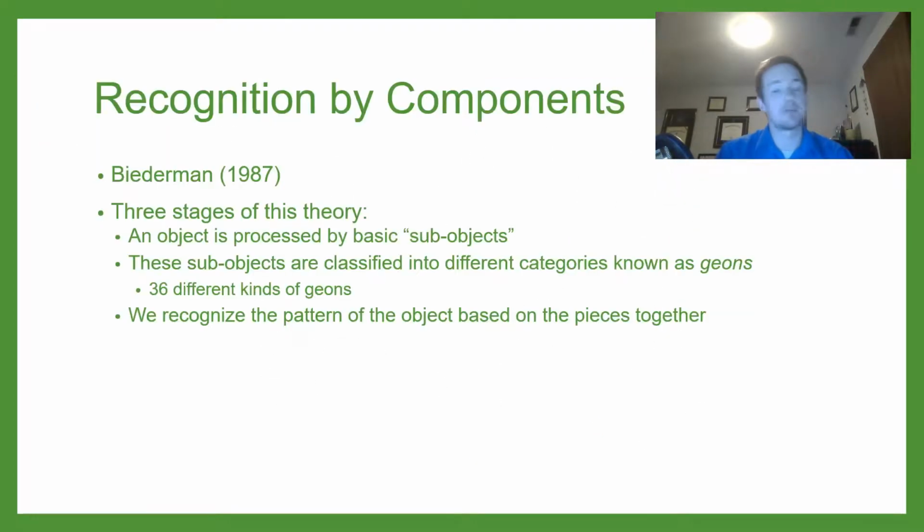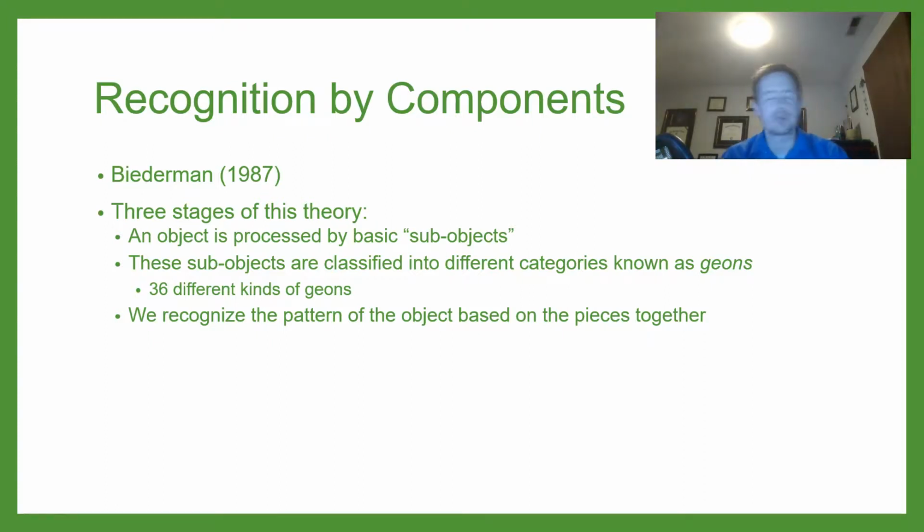And then the final piece of it is going to be that we recognize what relationships these geons have. So what's the word I'm looking for? Can anybody help me? That we recognize the pattern. We recognize, I already said relationship.